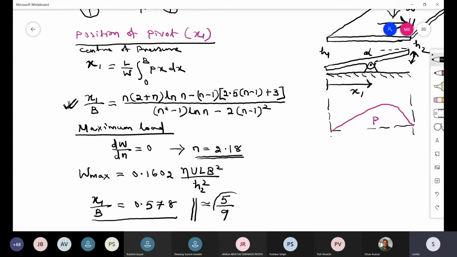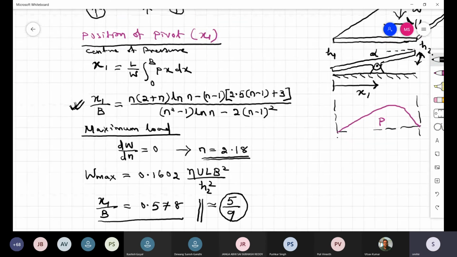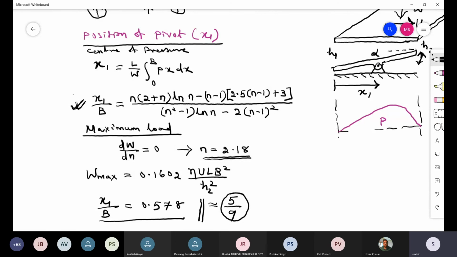Earlier people used to use this fraction 5 by 9. Okay. So any doubt so far? Okay, good. So now this is x1 by b that we find.